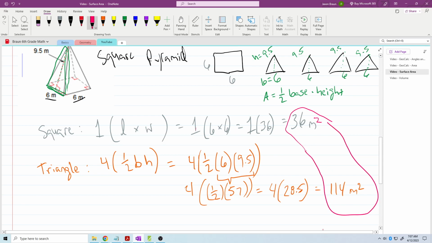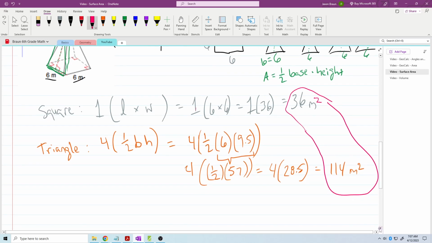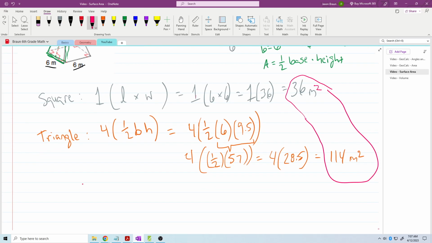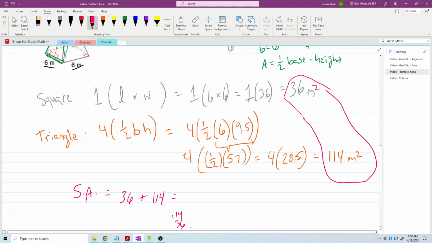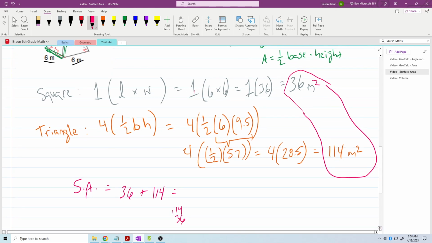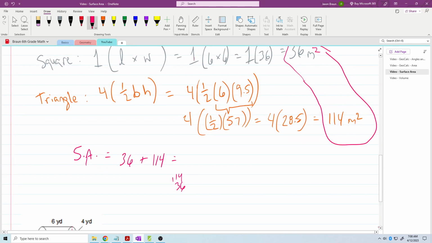So 114 plus 36. I'm going to scroll down just a little bit here and show the final step. Surface area, once again, SA, surface area equals 36 plus 114. It comes out to be, let's see, I need more room here. Run out of room, there we go.